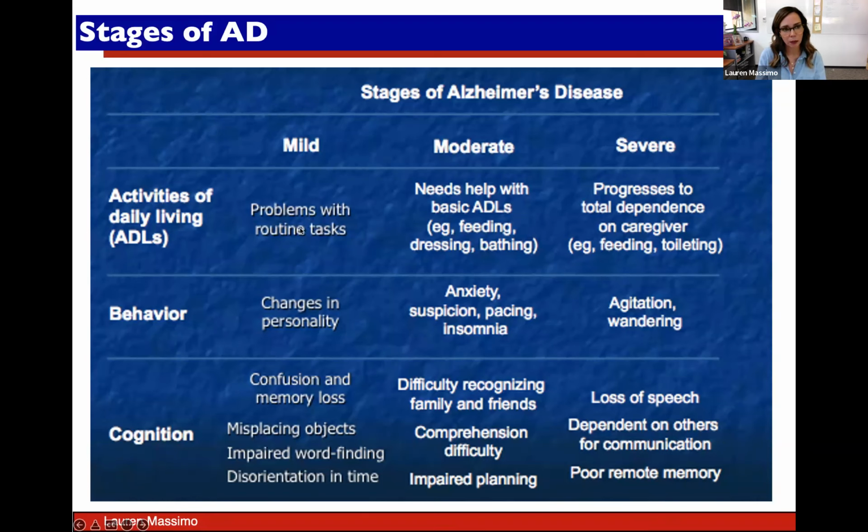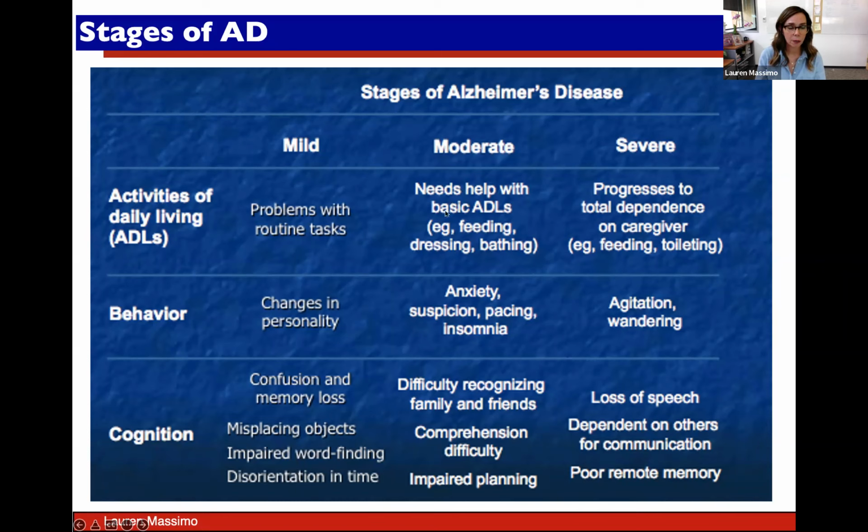Behavioral changes in the mild stage include apathy and difficulty with motivation. There can be depression, and anxiety is also quite common. As for cognition, things we just talked about: there can be some confusion and memory loss, misplacing objects, disorientation in time, and impaired word finding.